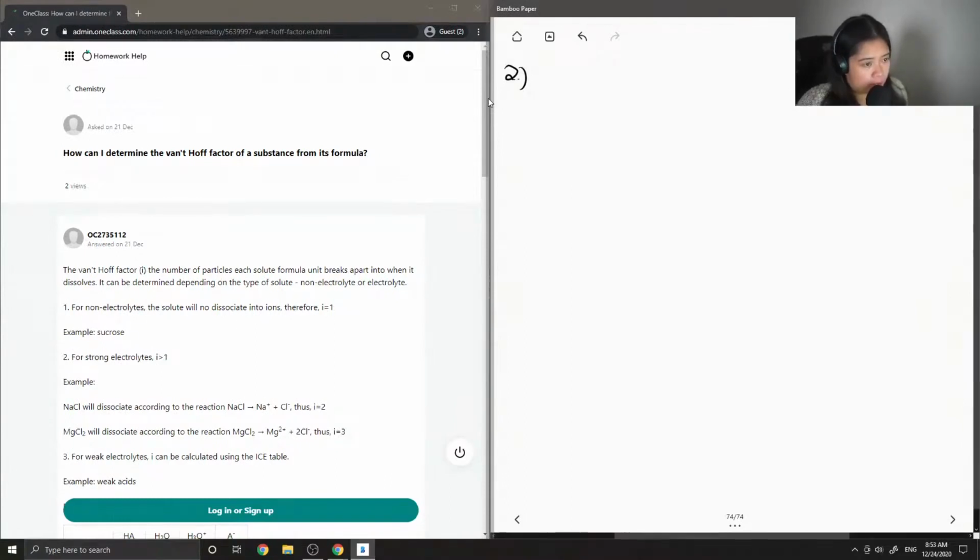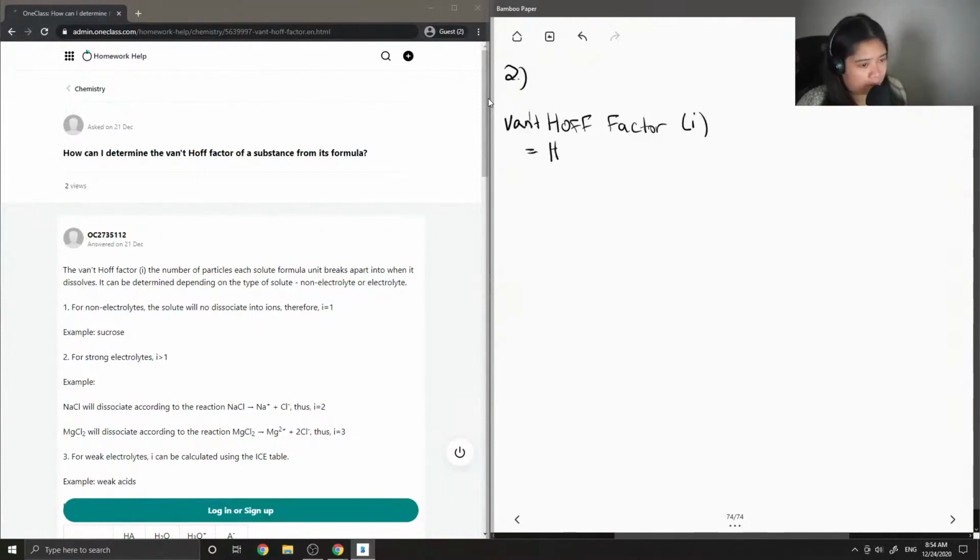Okay, so first I'll just write down the definition of the Van't Hoff factor, which can be denoted as i.